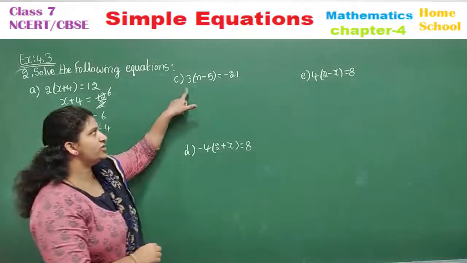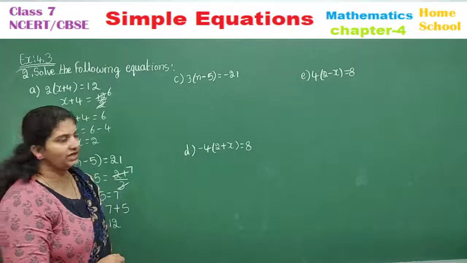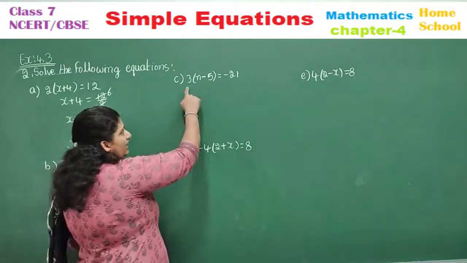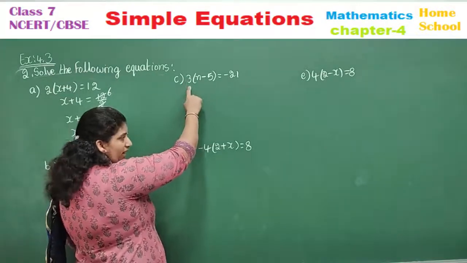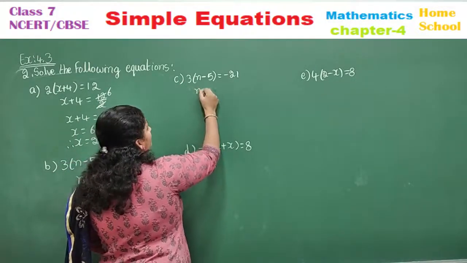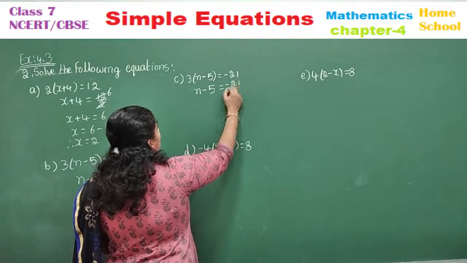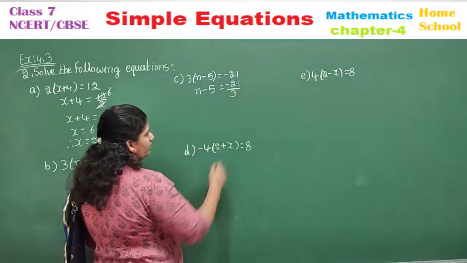C sub-question: 3 into (n minus 5) is equal to minus 21. Other than the bracket, 3 is there, 3 is multiplied. This 3 transposed to the other side will be divided. n minus 5 is equal to minus 21 by 3.